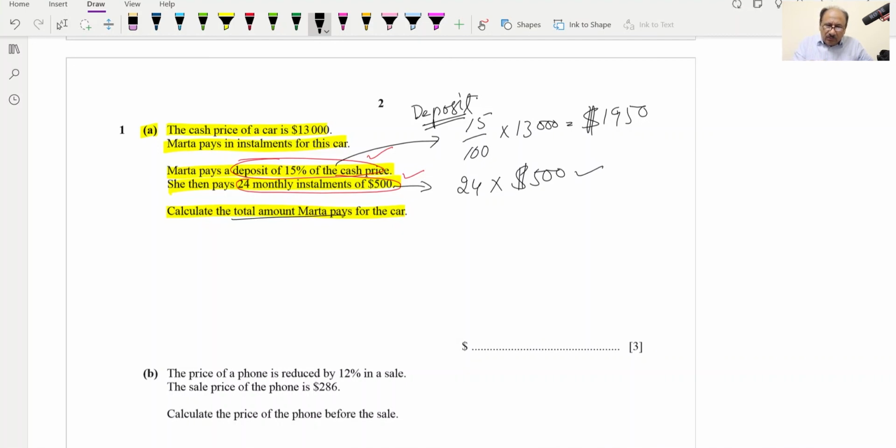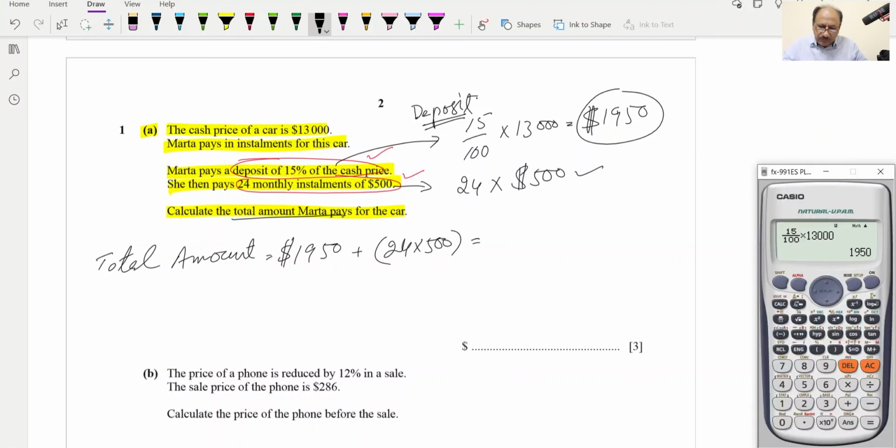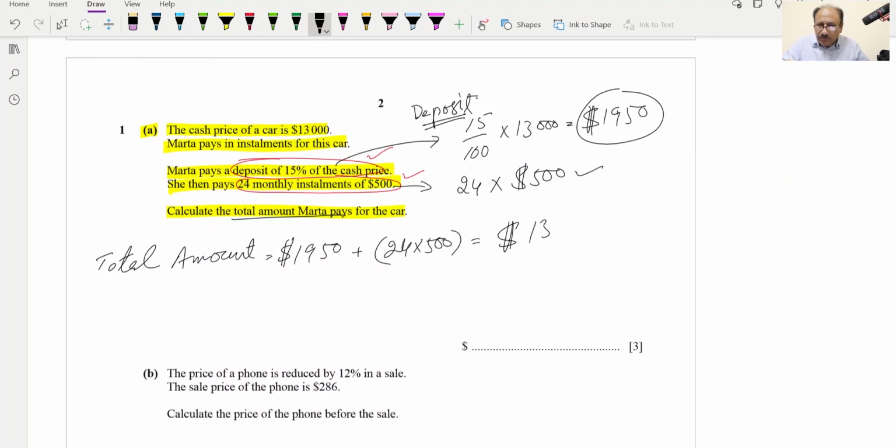So the total amount paid is $1950 plus 24 into $500, and this is equal to $13950. This will be our final answer for this 3 marks question.